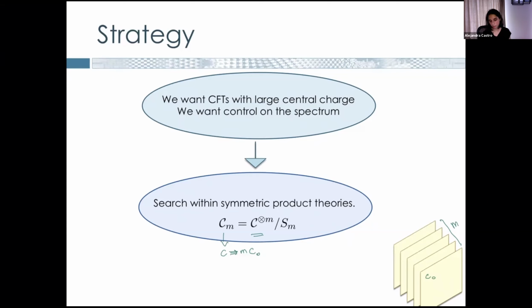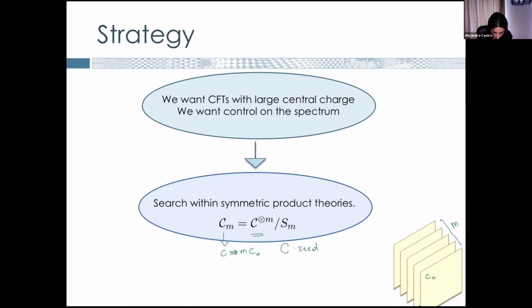Okay, so this is a very good way to increase the central charge: if you have one favorite theory and you want to find something that has a large central charge, you can do this operation. The first one, the theory with central charge C naught, I'll be calling the seed. So it's the input in the symmetric product. You give me one, you tensor it, you get your family of large CFTs.